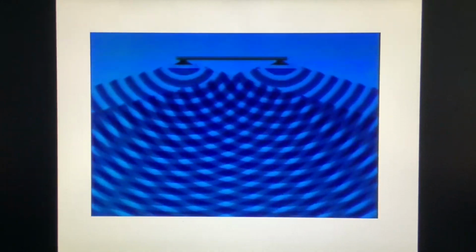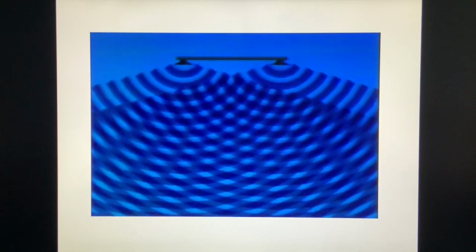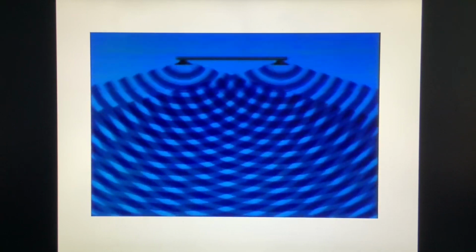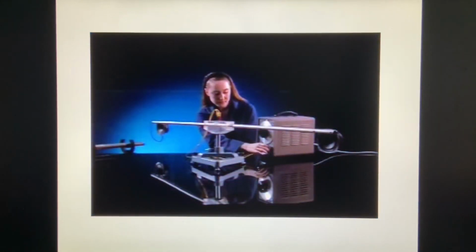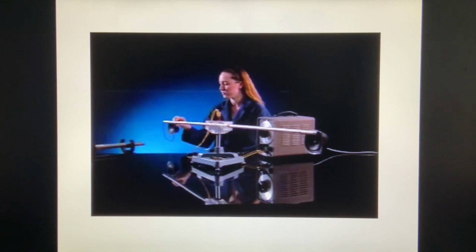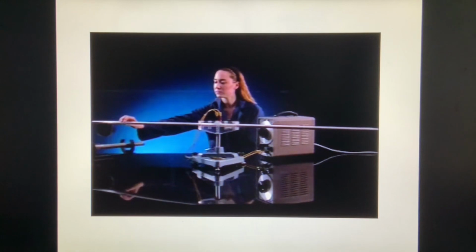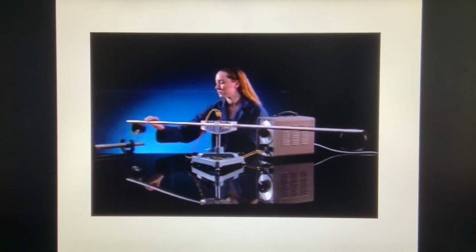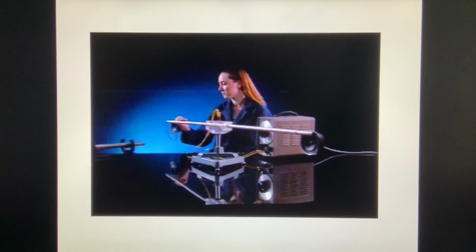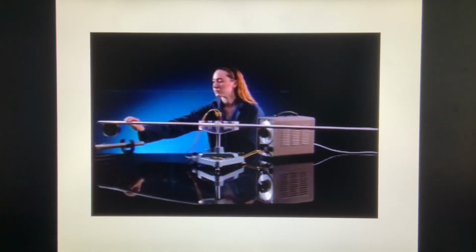There are points of high intensity and low intensity at regular intervals. If we double the frequency of the sound, how will that affect the intensity pattern? The points of high and low sound intensity are now closer together.